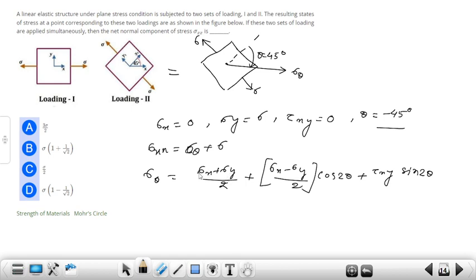Here sigma x is 0, sigma y is sigma, theta is minus 45 degrees, and tau xy is 0.